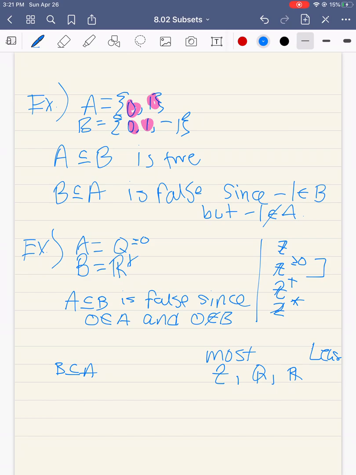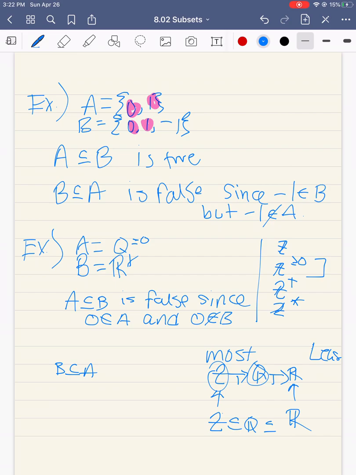Meaning that there are definitely more values in R, and there are fewer values in Z. But all of the values that are in Z are in Q, and all the values that are in Q are in R. So we can say that Z is a subset of Q, which is a subset of R. So that is kind of the gist of this.